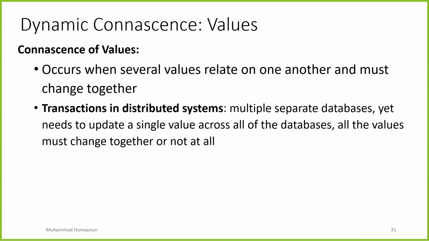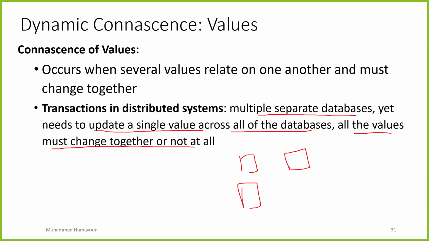Another example would be transactions in a distributed system. As I just said, you have multiple separate databases. When you make a change in one database, you want to make that change in the other databases also. So you need to update a single value across all databases. So the values must change in all or in none.